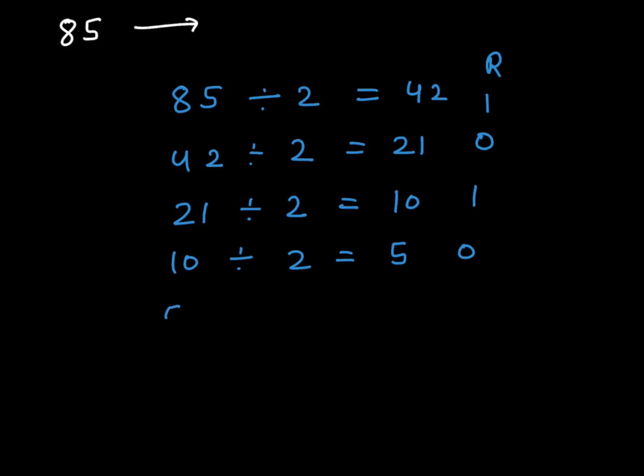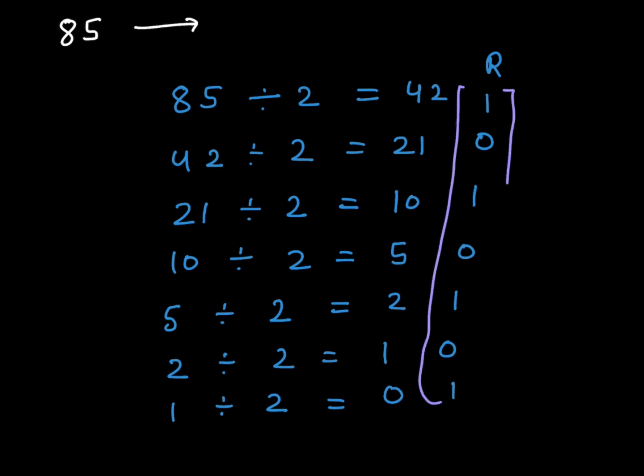We divide 5 again by 2, so we have 2.5, that is 2 with remainder 1. Now we divide 2 by 2 and have 1 with remainder 0. And we divide 1 by 2, so we have 0.5, that is 0 with remainder 1. Now stop here and look at this remainder series. This one is the MSB, the most significant bit, and this one is the LSB, the least significant bit.